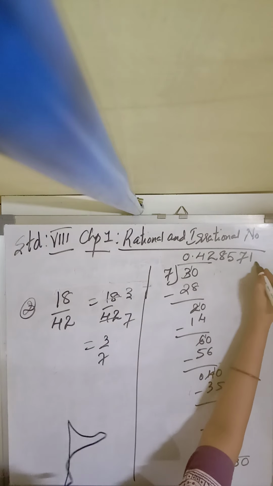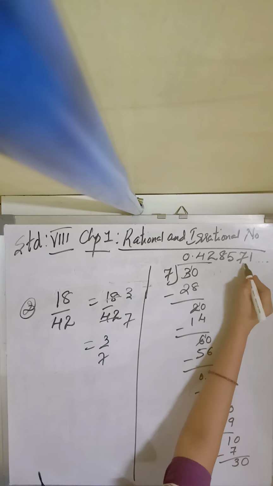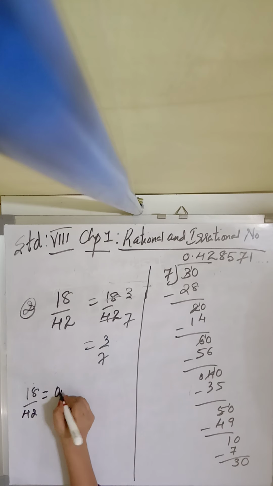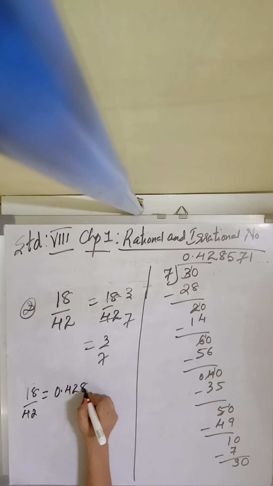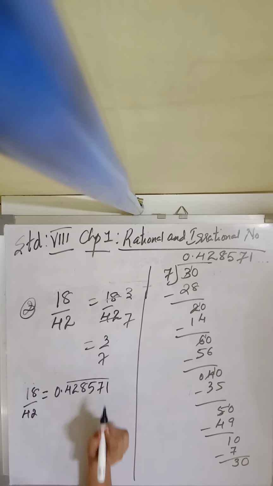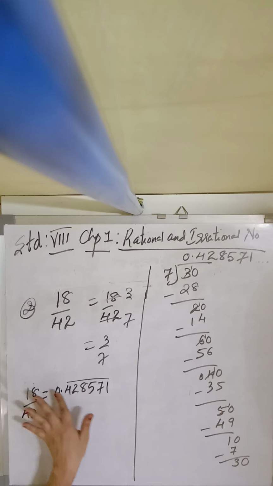That means this 428571 will be recurring. Therefore we will write 18 by 42 is equal to 0.428571. And children, all these terms are recurring, so you are going to put a bar on the whole term, all the terms after the decimal.